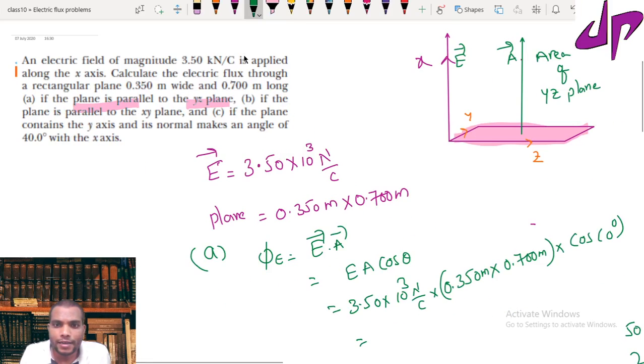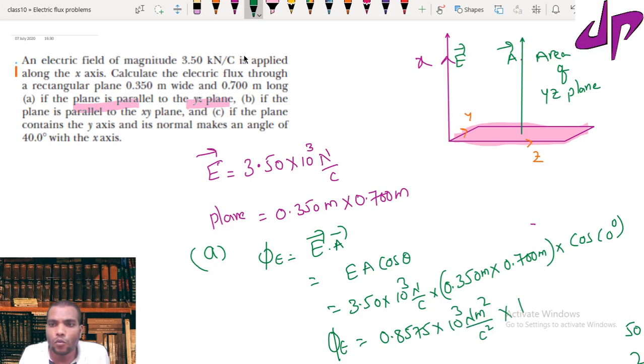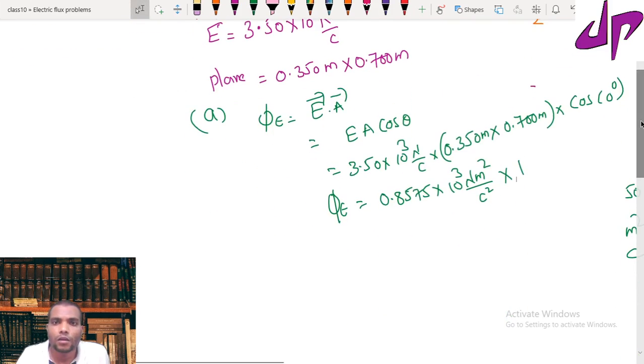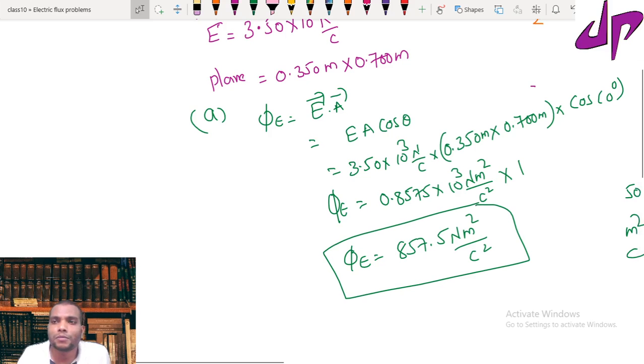So we can write that flux phi E equals 0.8575 times 10 power 3 Newton meter square per coulomb, with cos 0 value 1. So finally you can write the answer. Flux phi E, if you multiply with 10 power 3, becomes 857.5 Newton meter square per coulomb, if that YZ plane is perpendicular to the x-axis.